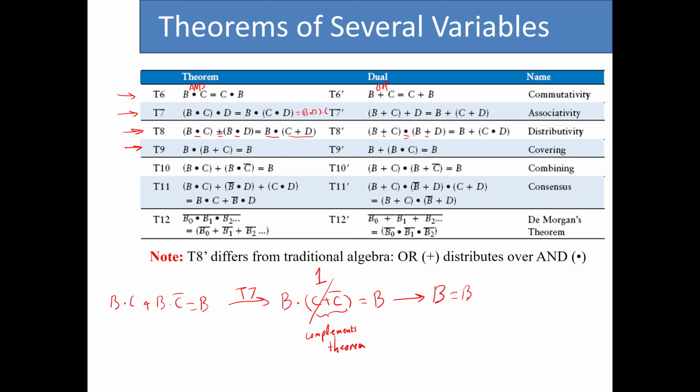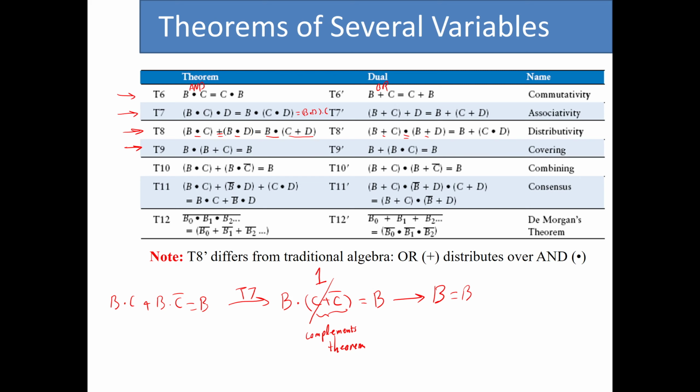B equals B. But as you can see, for each one of these theorems, you can use any proven previous theorem or axiom to prove them, right? So it doesn't necessarily have to be the perfect induction. So this one, using the associative theorem and the complement theorem, you could easily prove it.